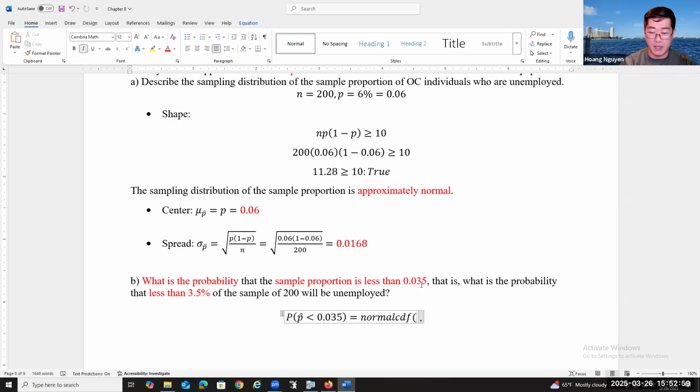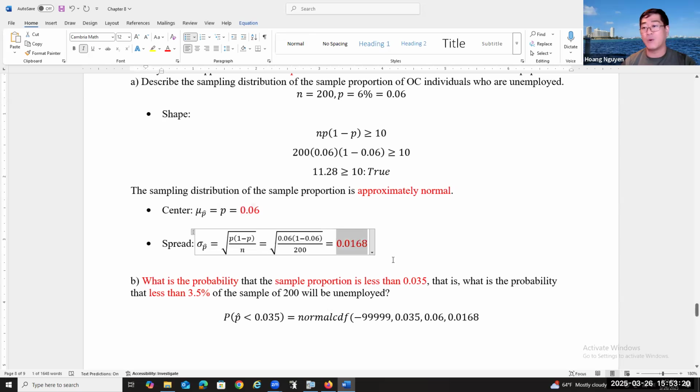So the lower bound will be negative 999, and then the upper bound is the value where you stop, 0.035. The mean of this normal distribution is 0.06, and the standard deviation is 0.0168. That's what we know from question A.